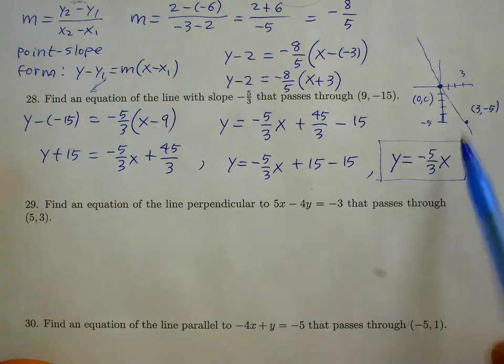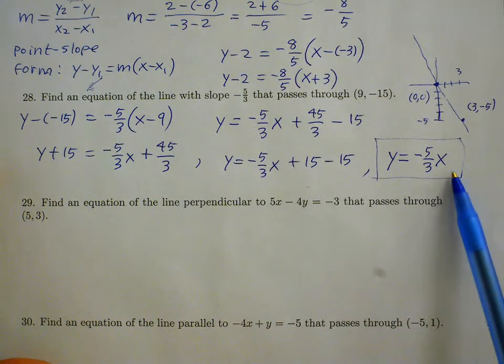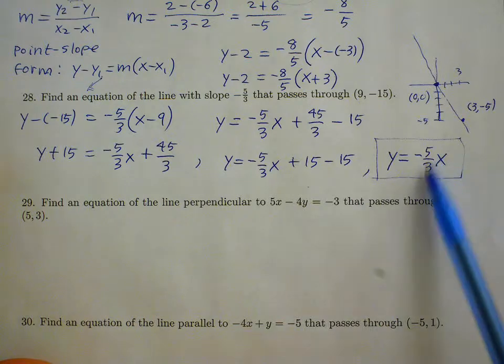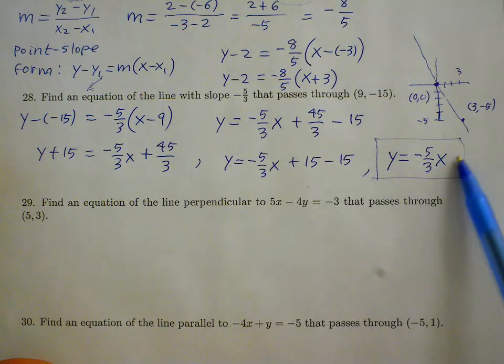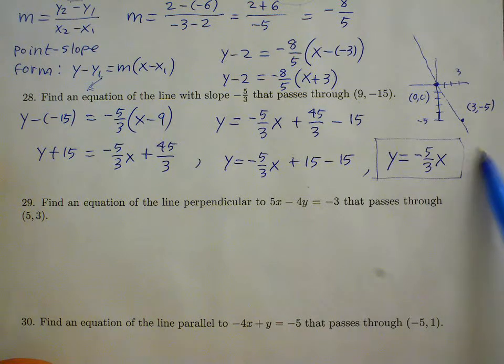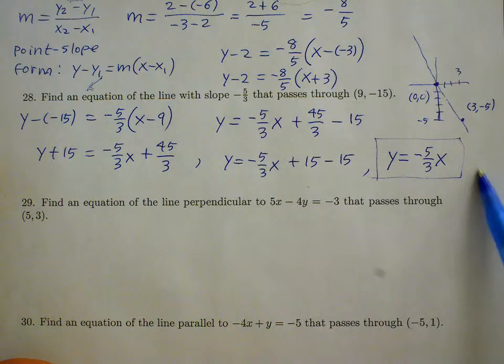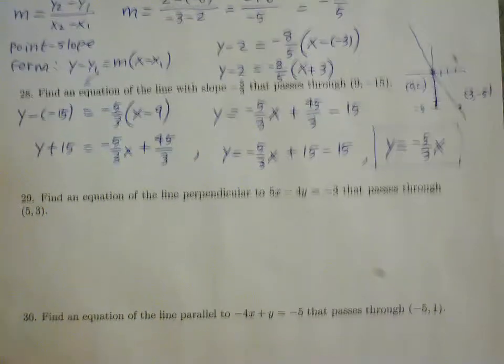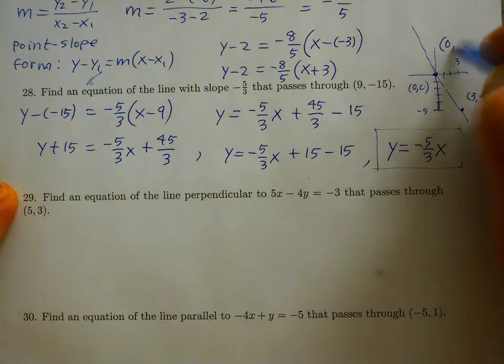We could also just use the slope-intercept form. Negative 5/3 x is the same as negative 5/3 x plus 0. So plus 0 means the y-coordinate of the y-intercept is 0. But the x-coordinate of every y-intercept is also 0. So we have the ordered pair 0, 0 on that graph.